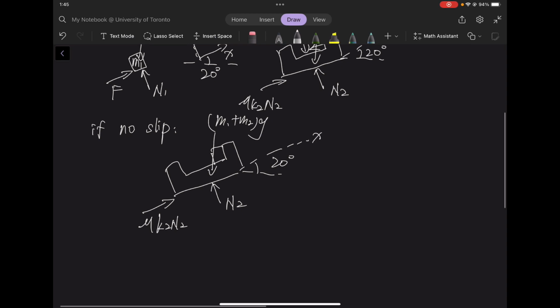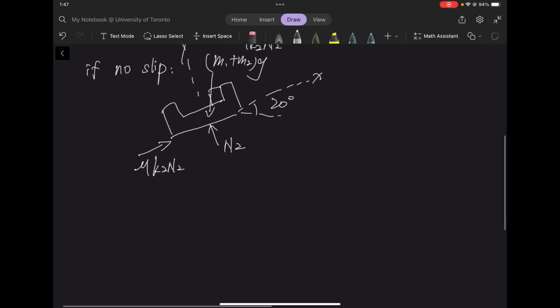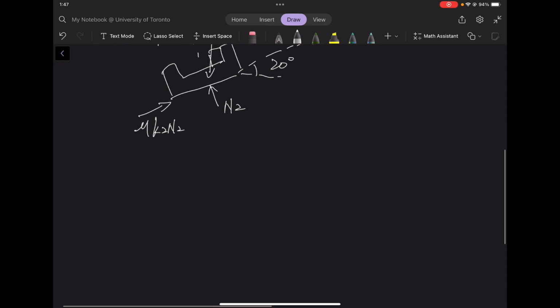Here's our X coordinate, here's our Y coordinate. The force in the Y direction is equal to 0. So we have N2 is equal to (M1 plus M2) g cosine theta.